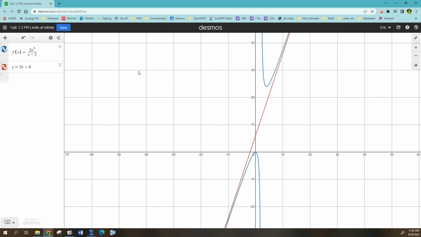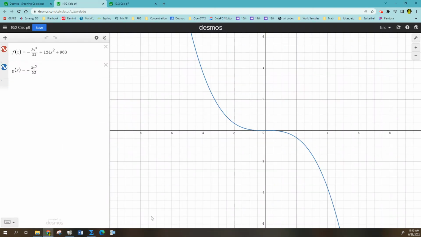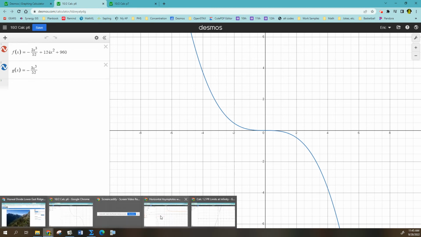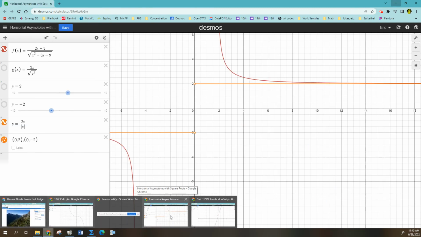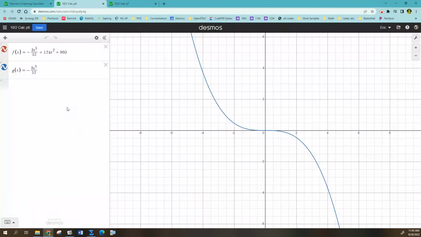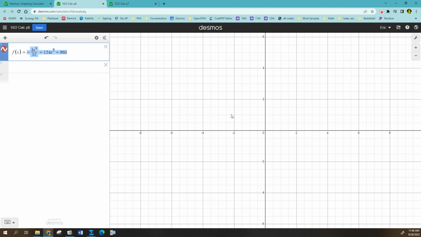How can it cross the slant asymptote? In the same way that I think I have something up here. Oh, did I write right over the top of that? Yeah, I did. But how about this? What if I do f of x equals sine x squared over x?